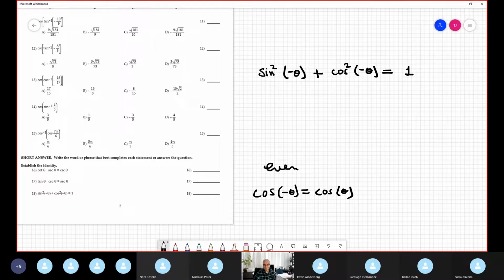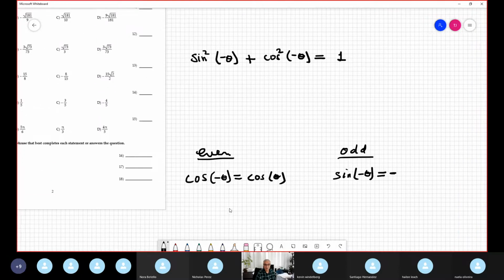However, the odd function, que es the majority of the functions, sine affects. Sine negative theta is negative sine theta. So it's easy because the negative inside the parenthesis magically goes outside the parenthesis. The reason is because sine and tangent also are odd functions, but cosine no, cosine is very special. Doesn't affect because it's even.